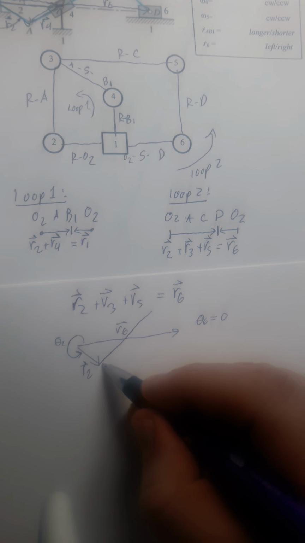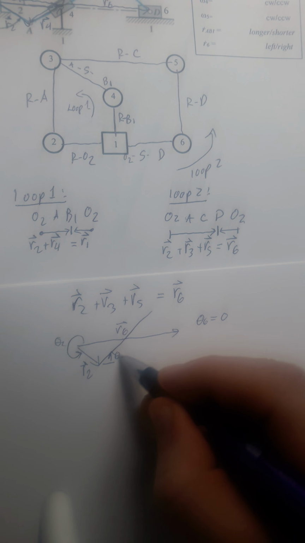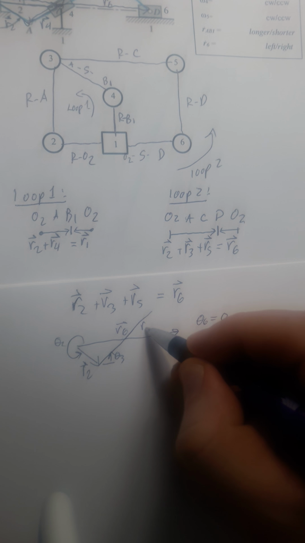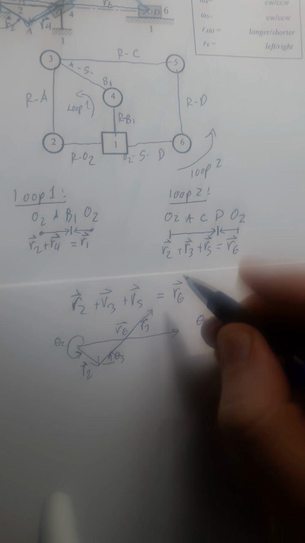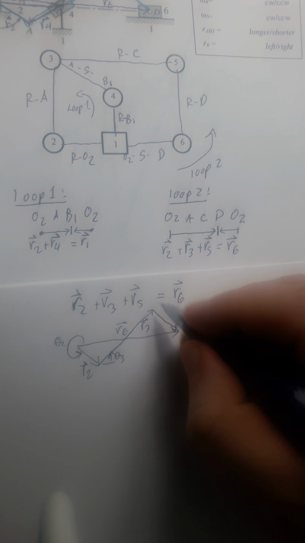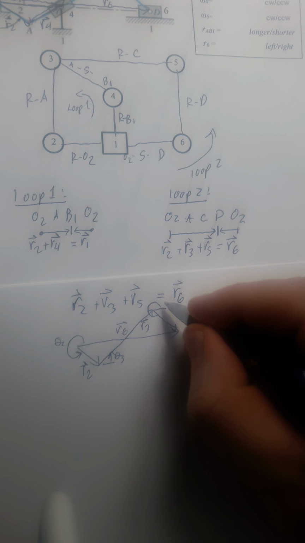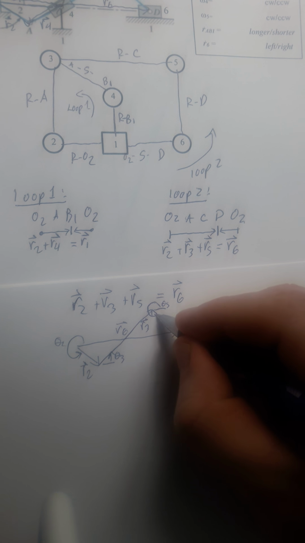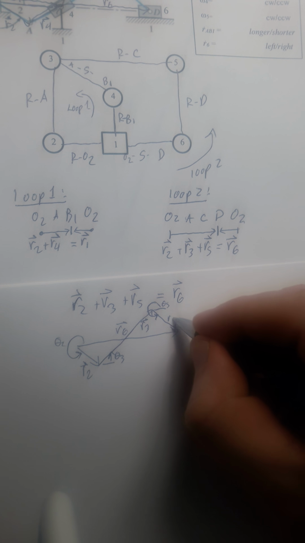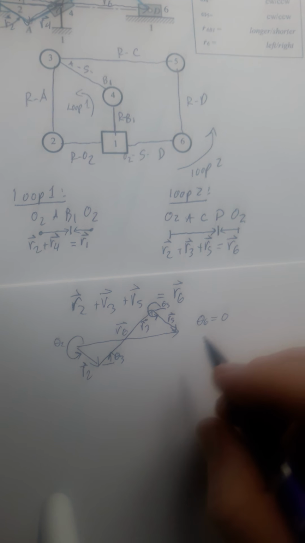We have our theta 3 vector right there because that's R3, and then theta 5 is right there at the tail of our R5 vector.